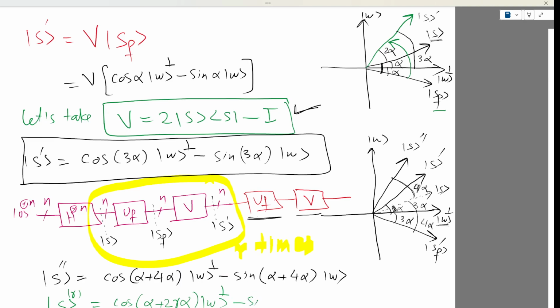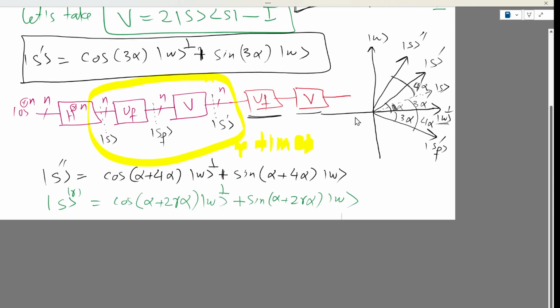This must be plus sign because we are on this side, so this is plus sign as well. Sine alpha plus 2R alpha W. So this is the state after R applications of UF and V operators.